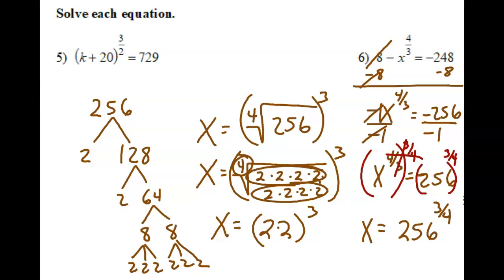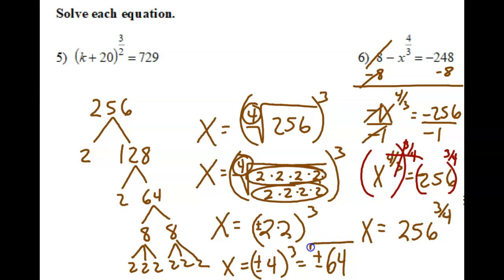Now, at this point, we got to be a little bit careful. Anytime you have an even number here, you're going to be getting 2 answers, a positive and a negative. So really what we have here then is a positive and a negative 4. And we're cubing that. So 4 to the 3rd power is 64, and negative 4 to the 3rd power is negative 64.